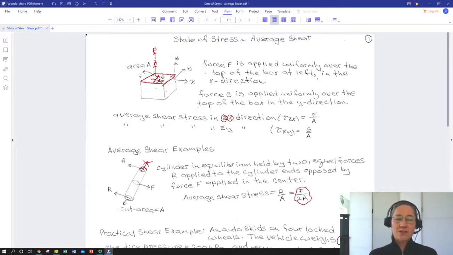Our typical notation for shear stress is tau, Greek letter tau, with a subscript of face normal, the direction of the normal to the face that the shear stress is operating on, and then the second letter is the direction, the XYZ or R theta Z, whatever coordinate direction that the force responsible for generating it is pointing. So on any one of the faces of our XYZ cube, we can have two different shear stresses orthogonal to each other.